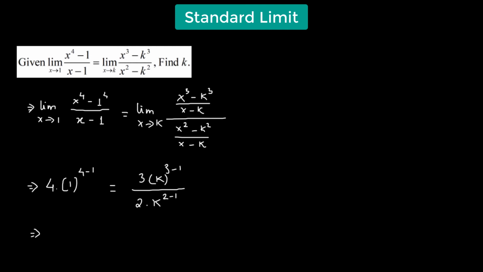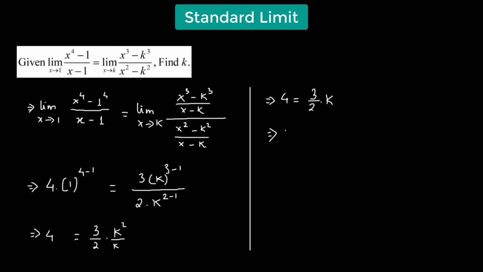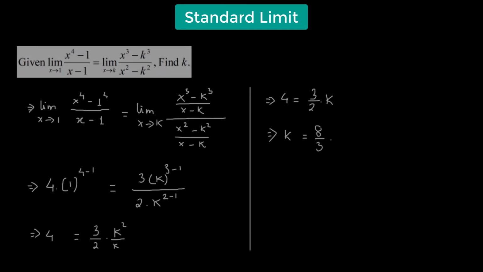So we have 4 on the left hand side, and that will be equal to 3 over 2 times k squared over k. So that gives us 4 equals 3 over 2 times k. Now solving for the value of k, we have 8 over 3. So this is going to be the value of k for which the two limits are equal.